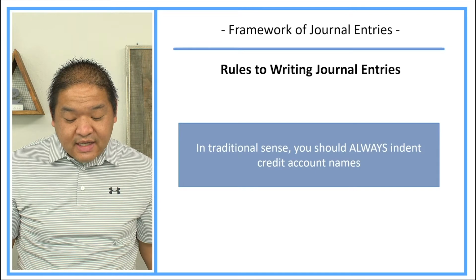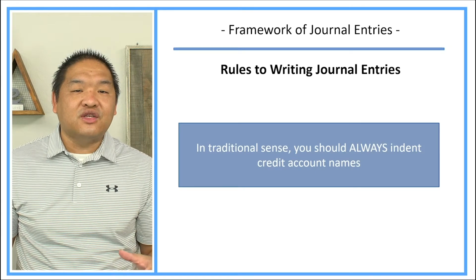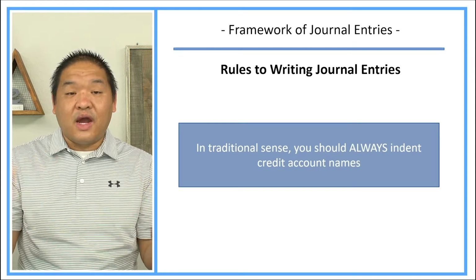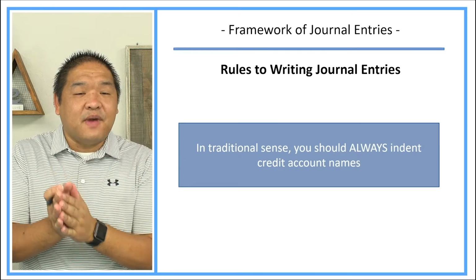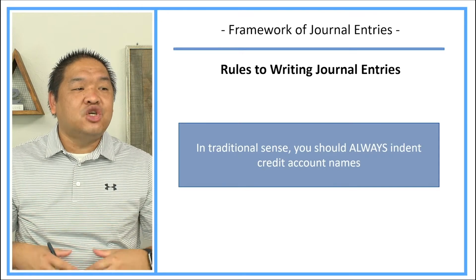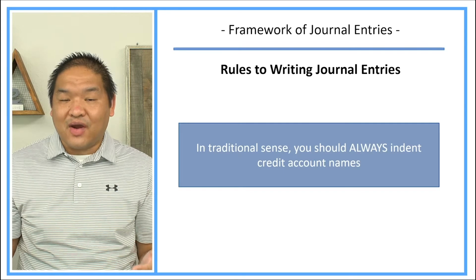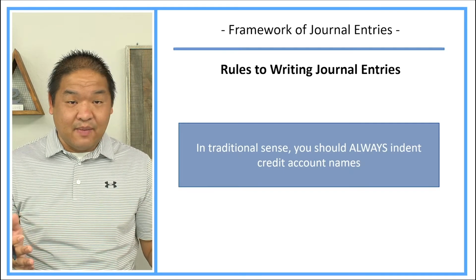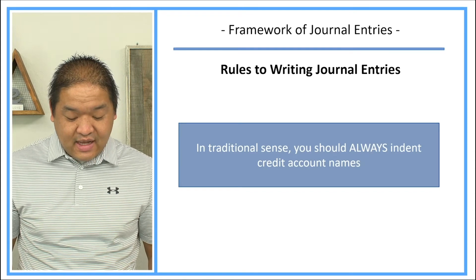In a traditional sense, we always indent credit account names. So if you notice when I did the credit on that fake journal entry, I gave it a little bit of space. We always indent credit just to make sure that our colleagues know that we meant a credit and not a debit. So always indent your credit names.